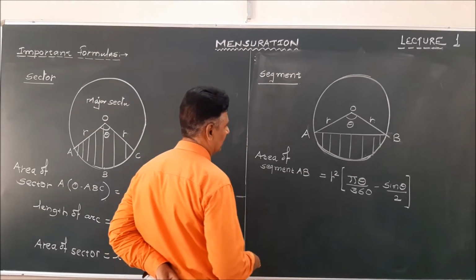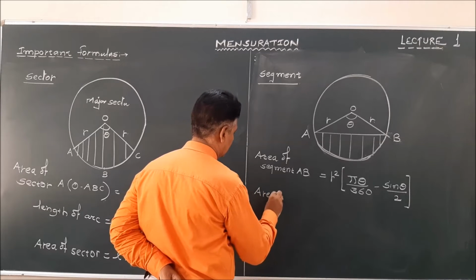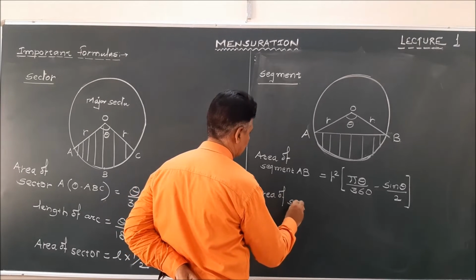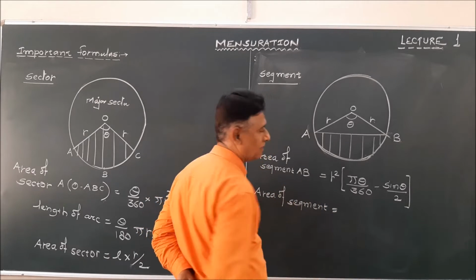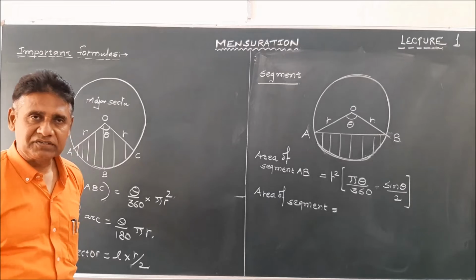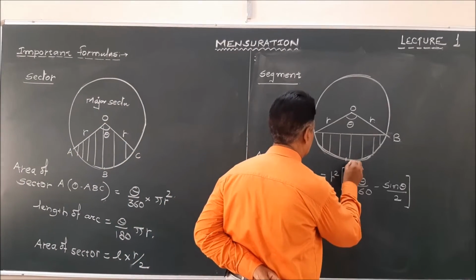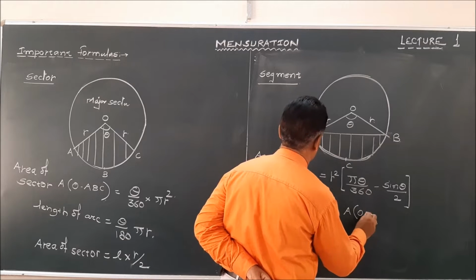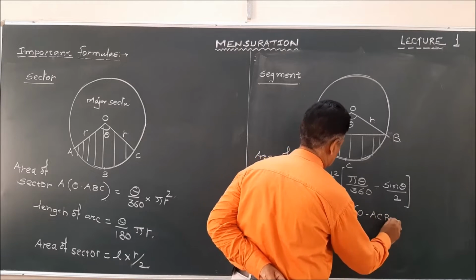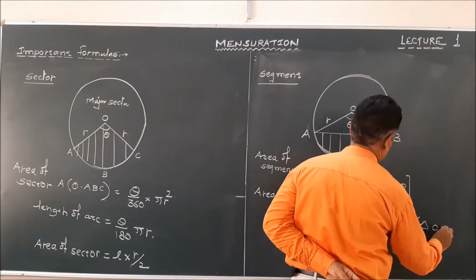One more formula is there. For example, here, area of segment is equal to area of sector minus area of triangle.